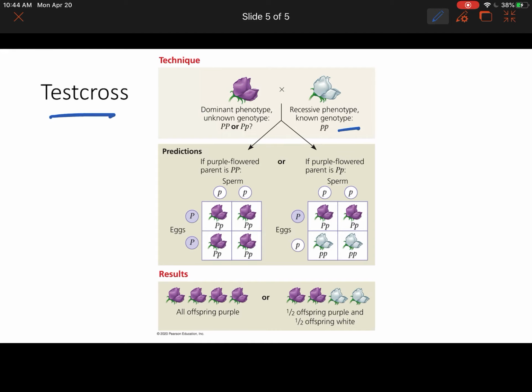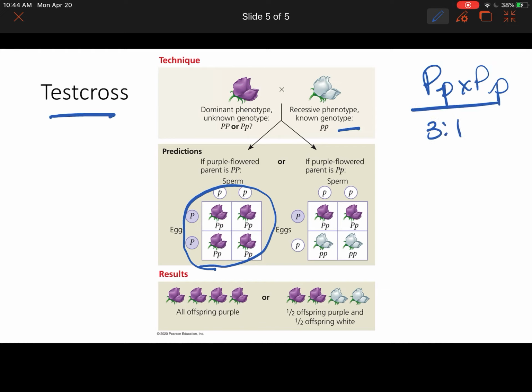We know that when Mendel did his parental crosses of true breeding purple and true breeding white, all of the offspring were purple. We know that when he did his crosses of just the heterozygotes, that he got that famous 3-to-1 ratio.